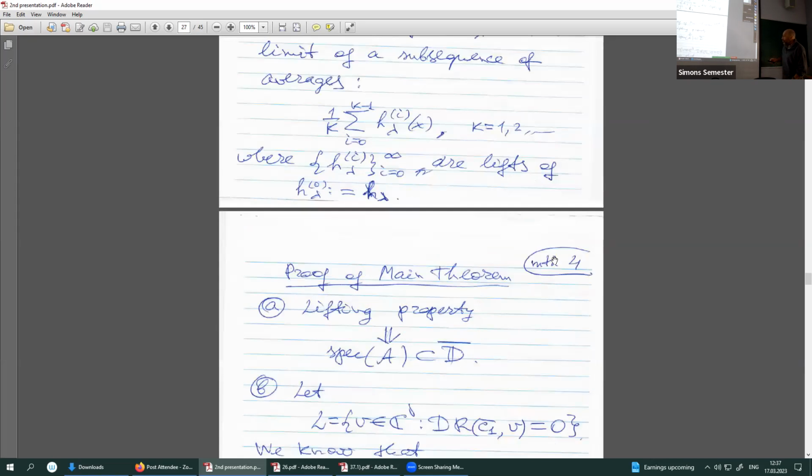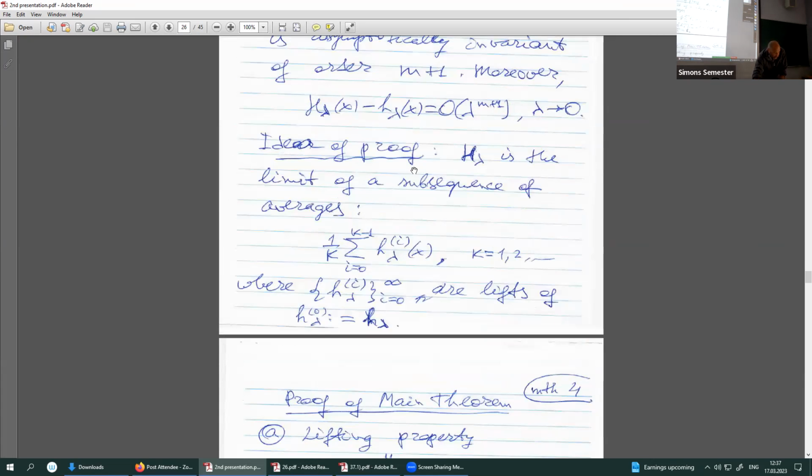And the idea of the proof is this: how to find this asymptotically invariant motion of the next order, m plus 1. You consider the sequence of all lifts of a given holomorphic motion which is asymptotically invariant of order m. By the lifting property, they all exist over some non-trivial disk. Then you consider averages of such lifts, and they are uniformly bounded in a fixed disk by the lifting property.